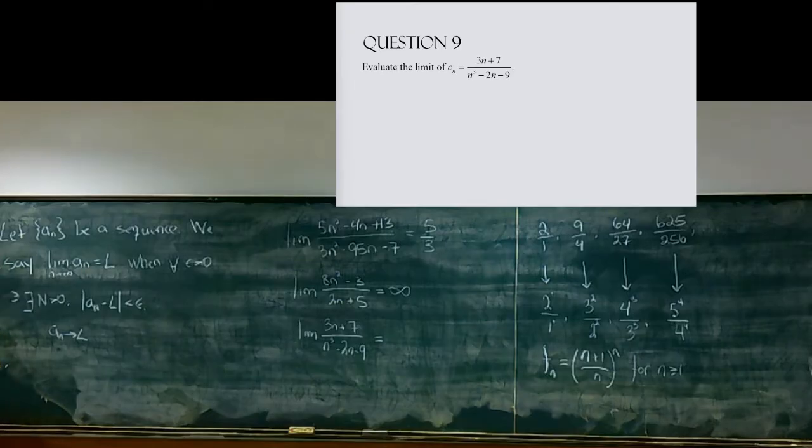Three n plus 7 over n cubed minus 2n minus 9. What do we think this limit's going to be? So again, how's it going to behave for large n?